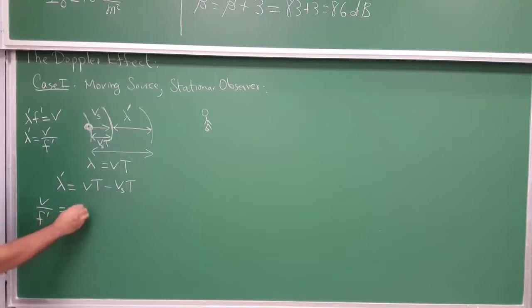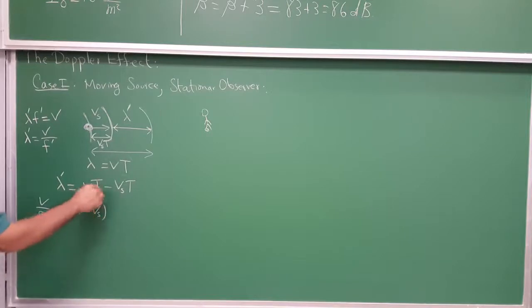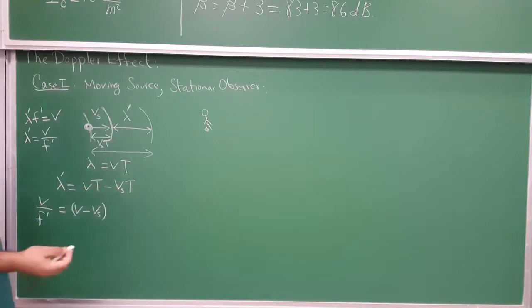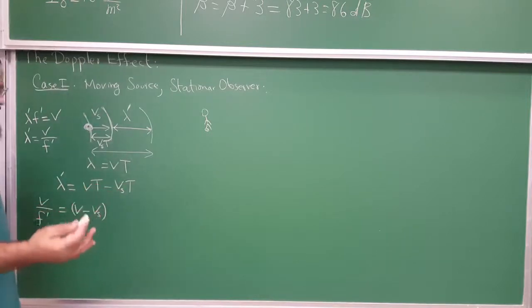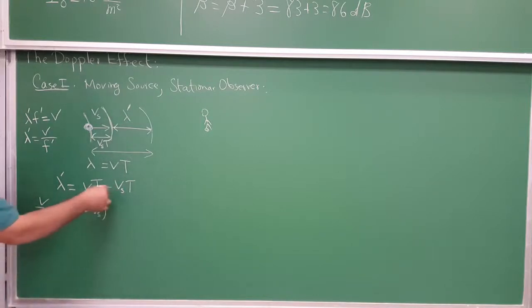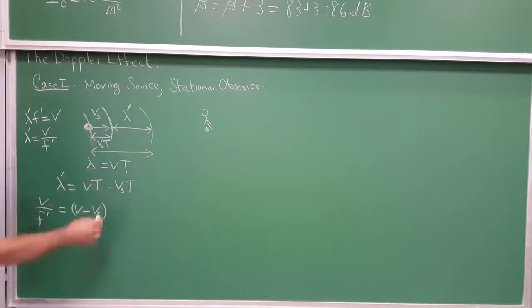So I have v over f prime equals v minus vs times capital T. But capital T is the period, and the period is equal to 1 over the original frequency, the source frequency.